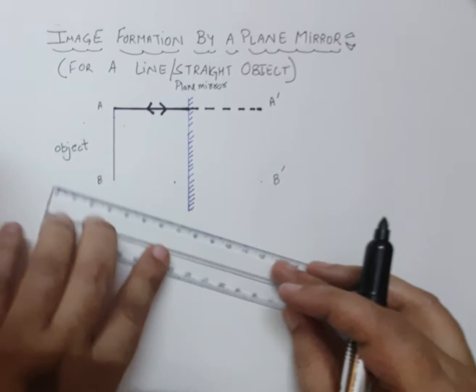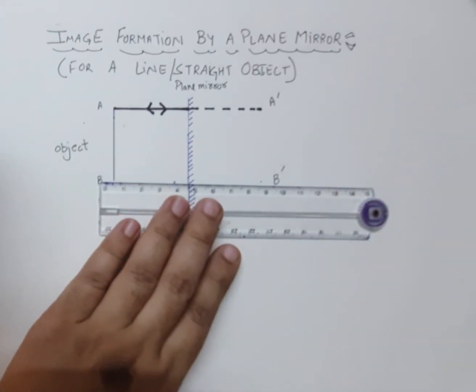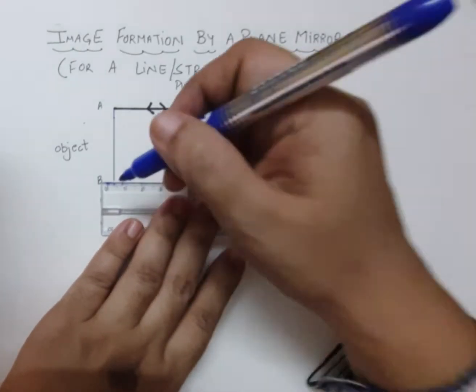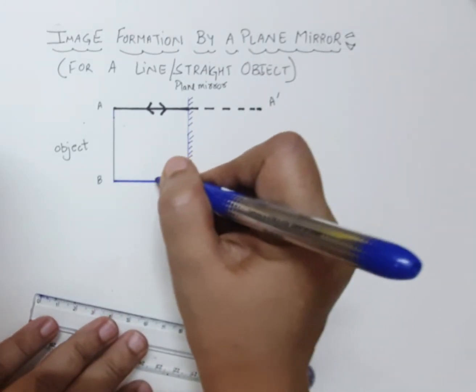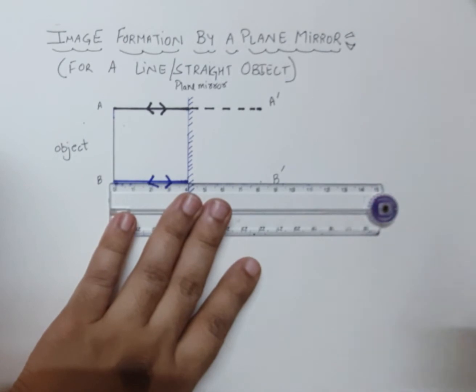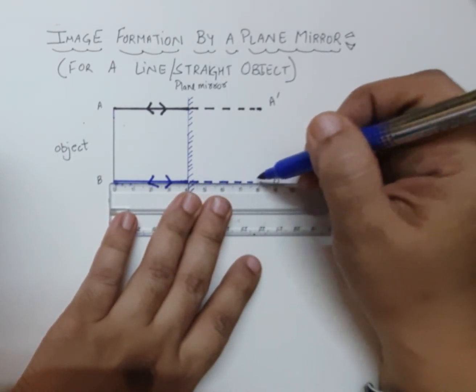Then there will be another for B. This straight line again will also be bounced back on the same path. Let us join this behind the mirror. We know that we have to draw the dotted line.